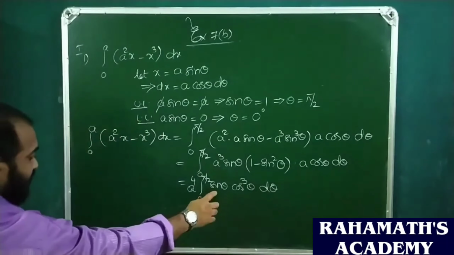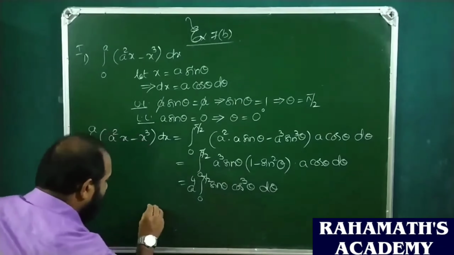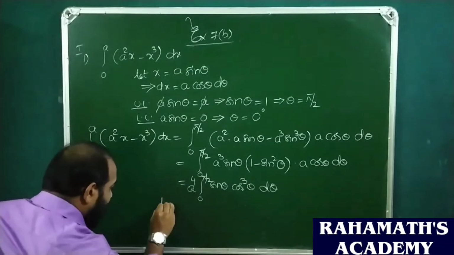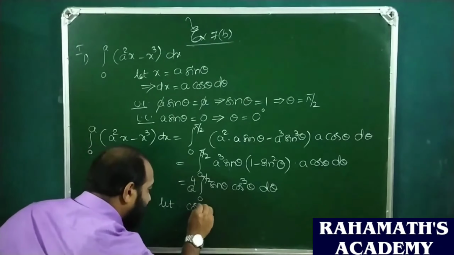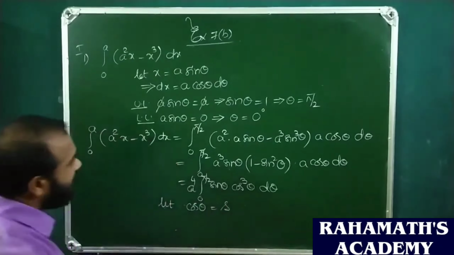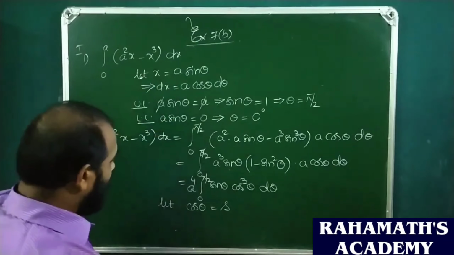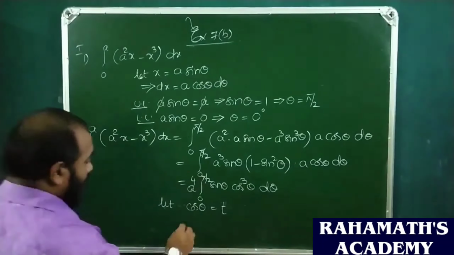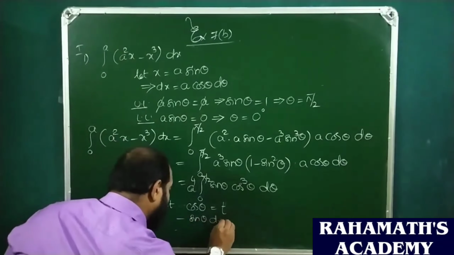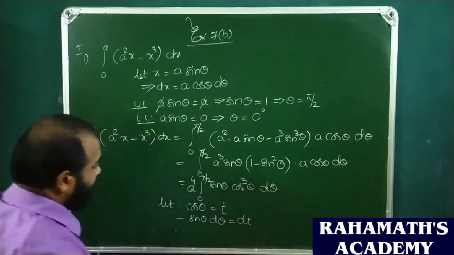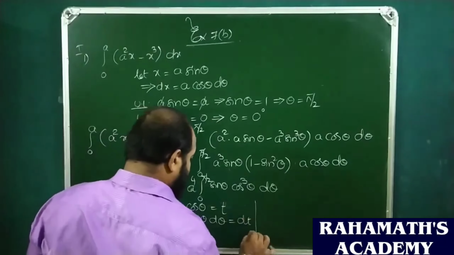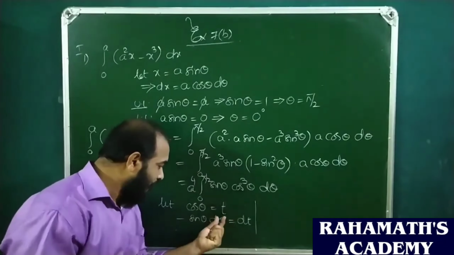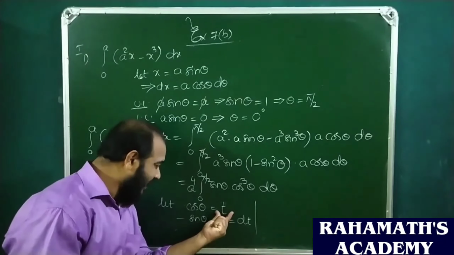So here I'll go for substitution again. Let cos theta be equal to t. Minus sin theta d theta is equal to dt. Now, because this is the function in terms of theta, this theta we are trying to change in terms of t.